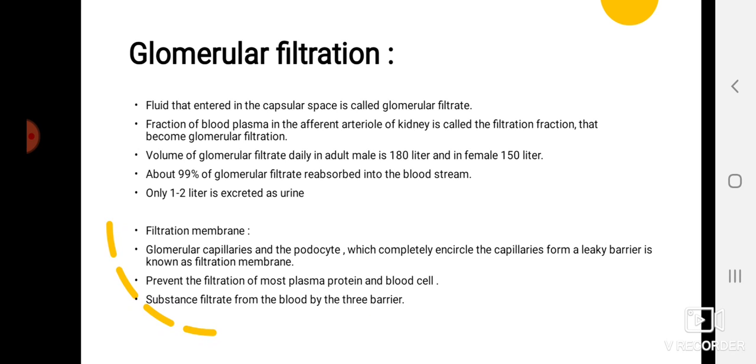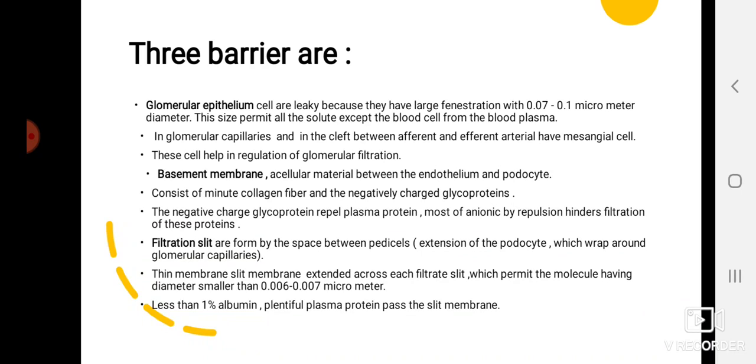Substances are filtered from the blood by three barriers. In the filtration membrane, the substances that are filtered out cross three barriers, which we will discuss one by one in the next slides. The three barriers are the glomerular epithelium, the basement membrane, and the filtration slits.